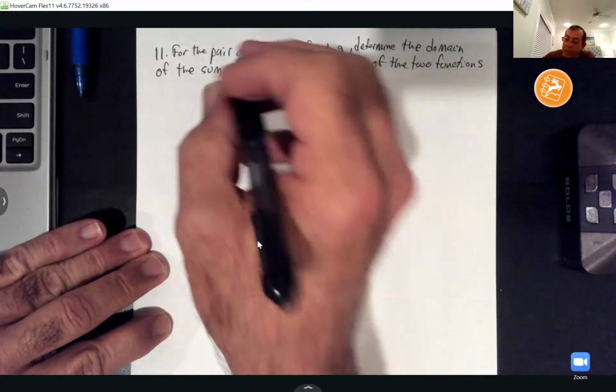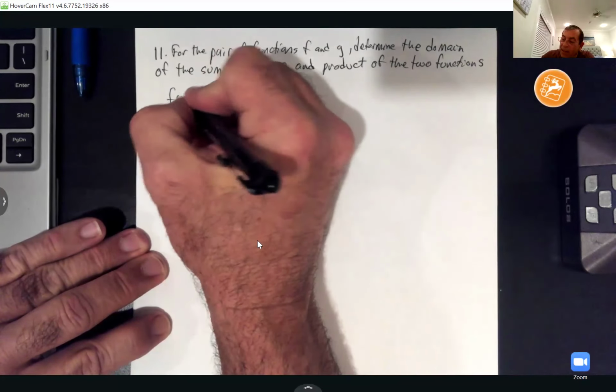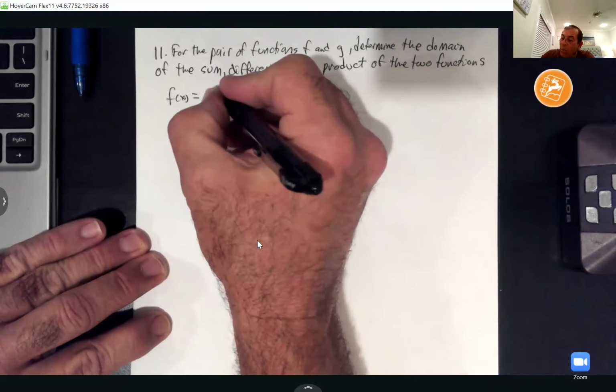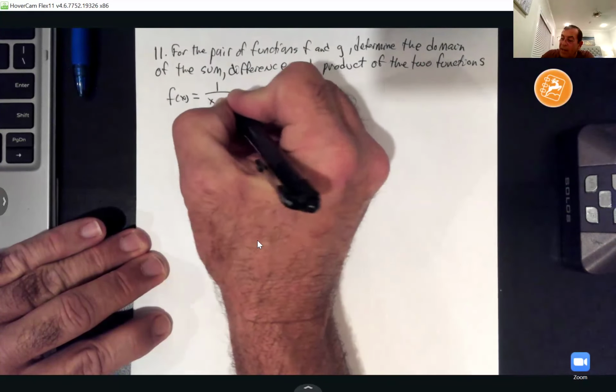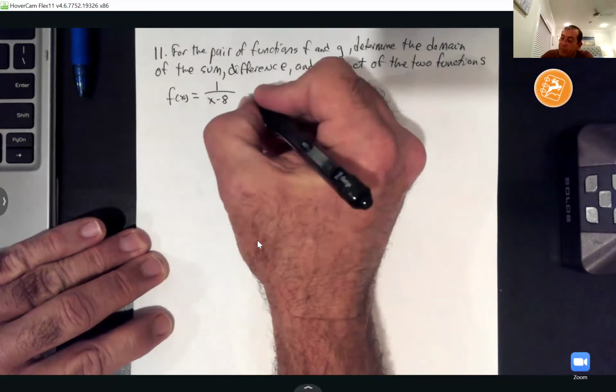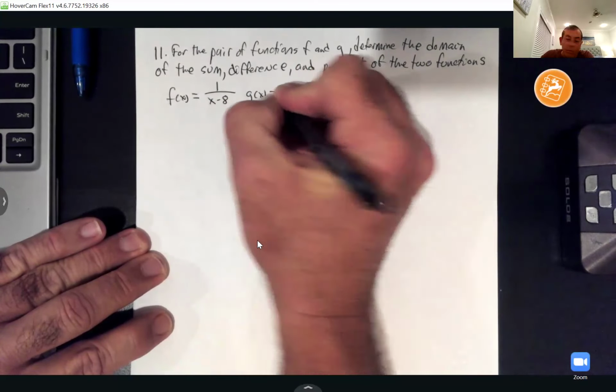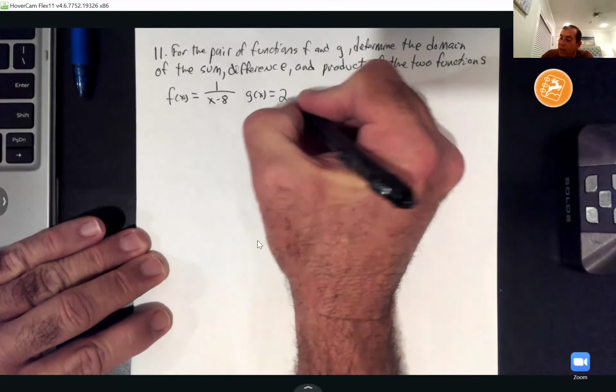All right, y'all, so for this one, f of x is going to be 1 over x minus 8. G of x will equal 2x to the third.